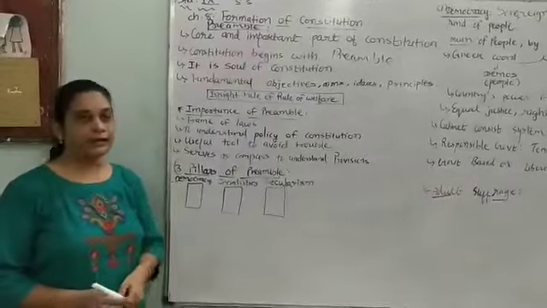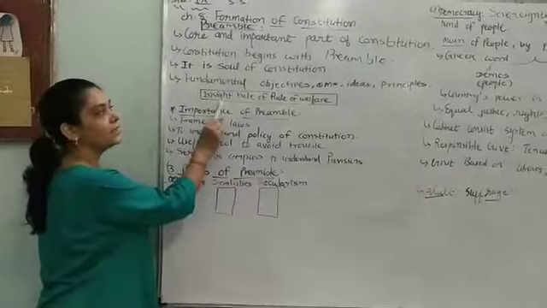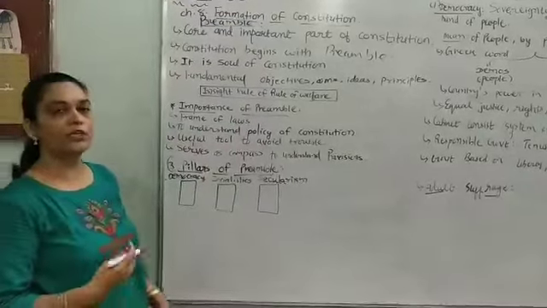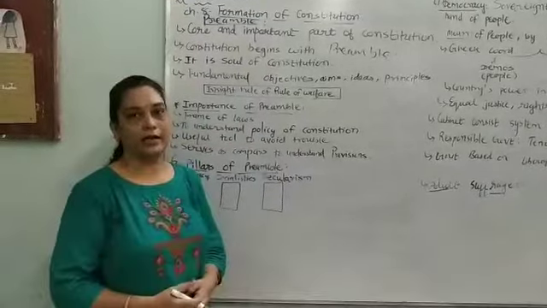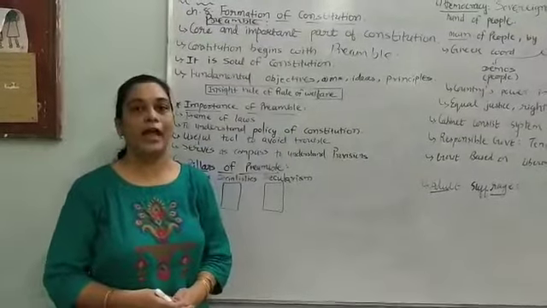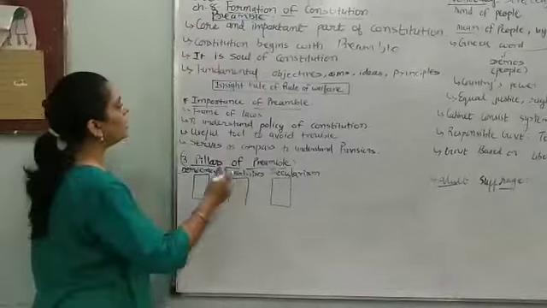So, I can say at the end, it shows us the rule of our welfare. What does it show us? How to run our country. It gives an idea about the welfare of our country and its people.